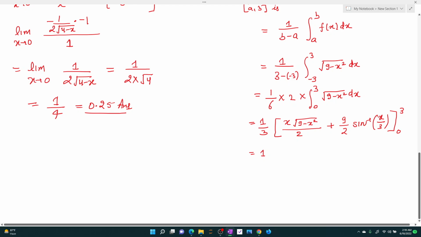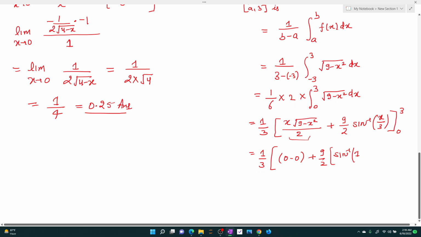So 1 by 3 will remain outside. For x equals 3, the first term will become 9 minus 9, which is 0 here, right? And when we put x equals 0, again the first term will become 0. So this is nothing but 0 minus 0, plus 9 by 2 into sine inverse 3 by 3.